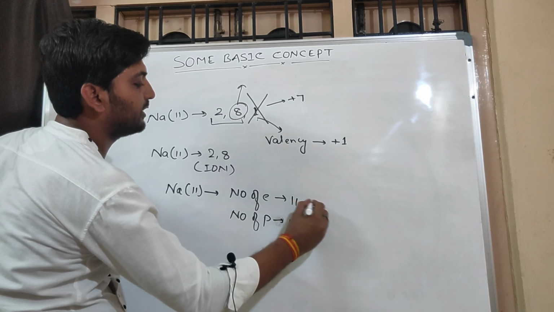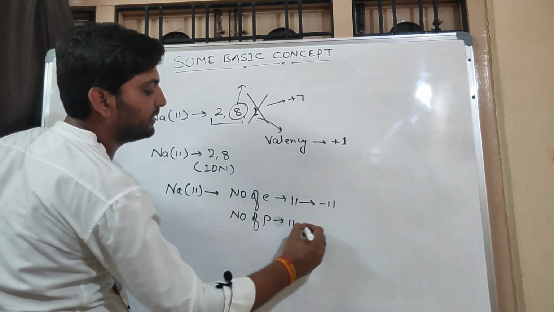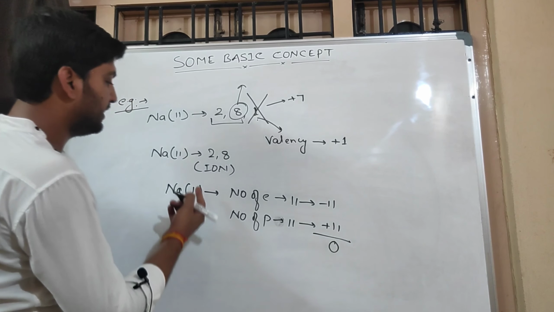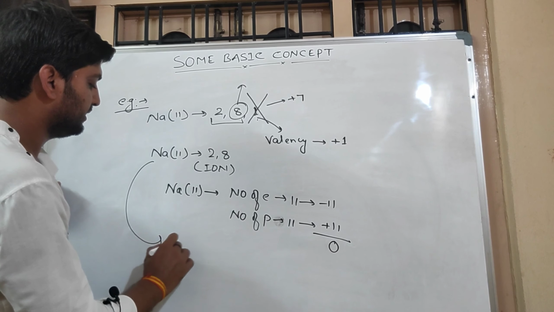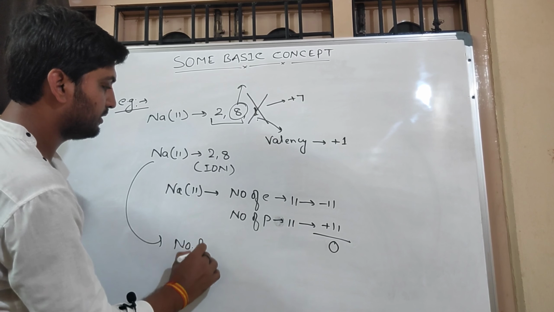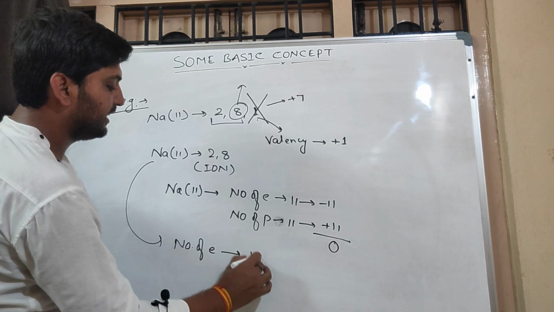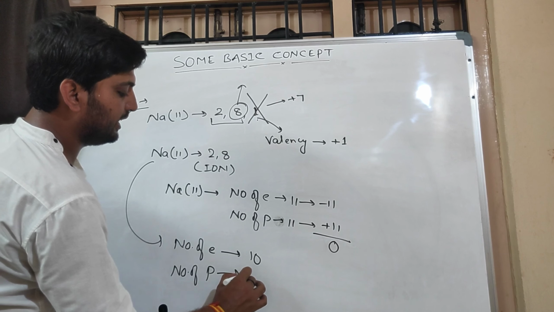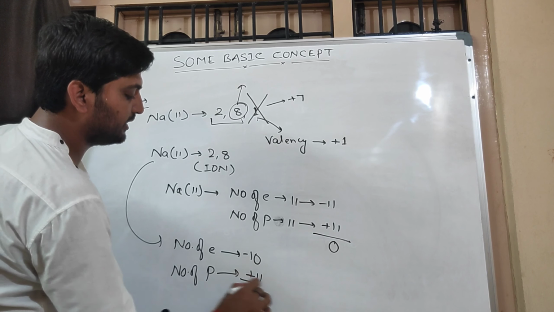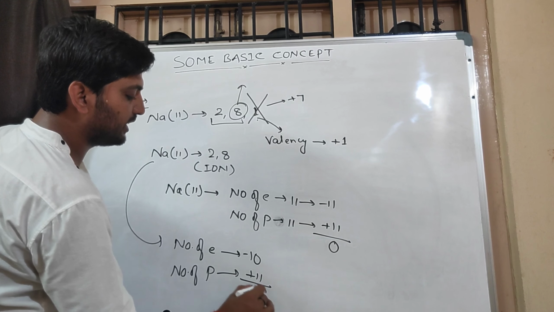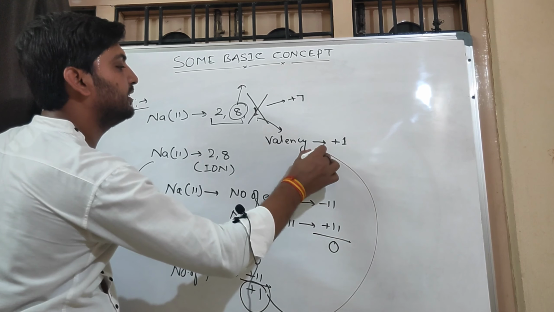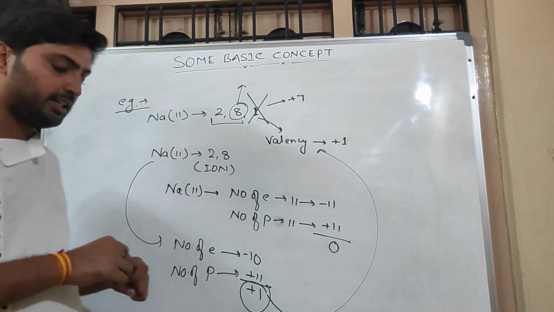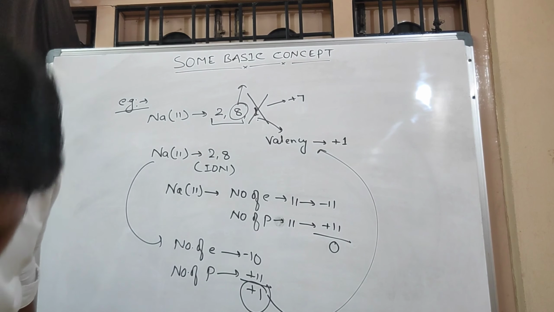The electrons have -1 charge each and the protons +1 each, so the total becomes 0. But in this case, the number of electrons becomes 10 and the number of protons is still 11. So +11 minus 10, it will have +1 charge. This +1 is the valency. Okay, we will take another example.